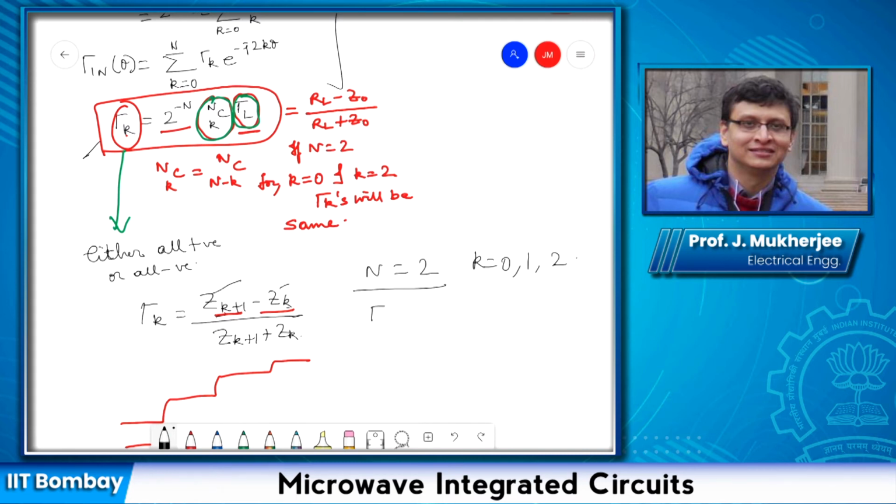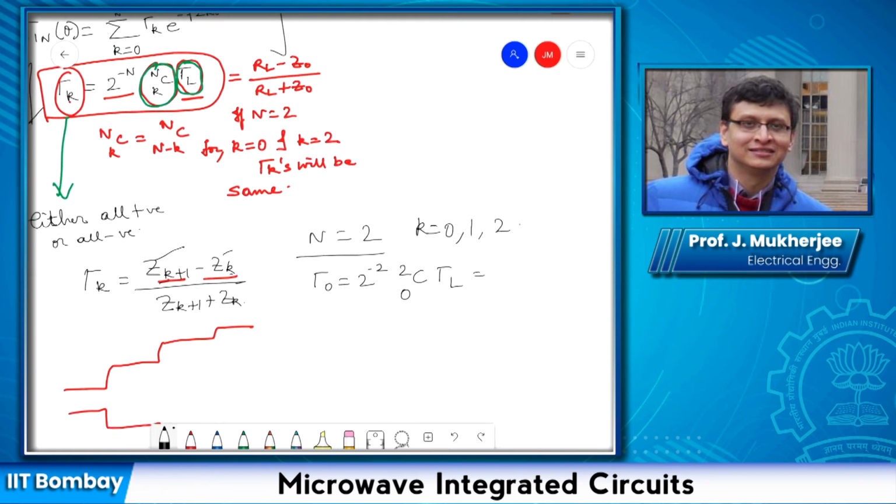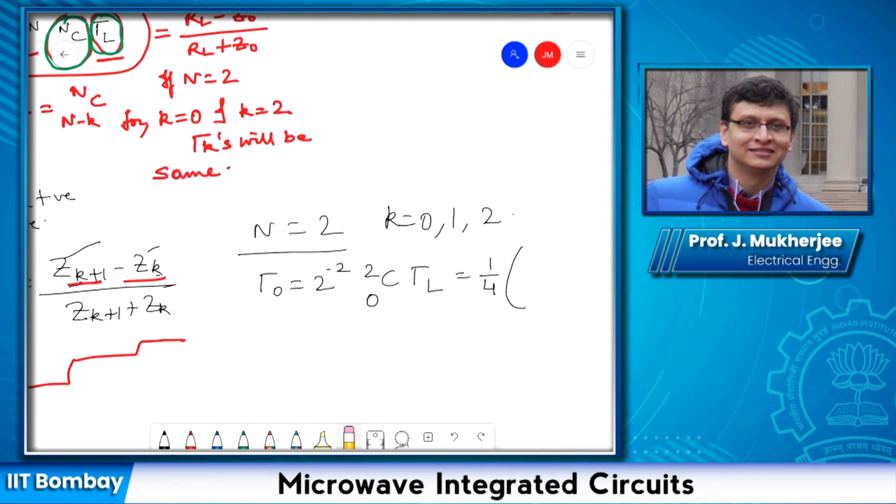Starting from this equation, we will have gamma 0 equal to 2 raised to minus n, with n equal to 2, times 2C0 times gamma L, which in turn is equal to 1 by 4 times (RL minus Z0) upon (RL plus Z0).